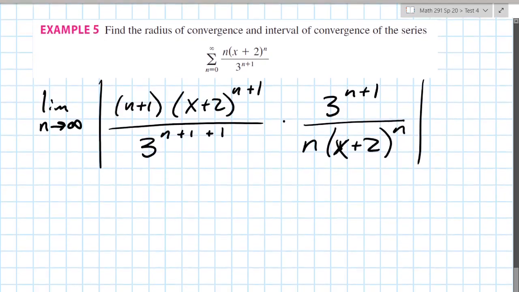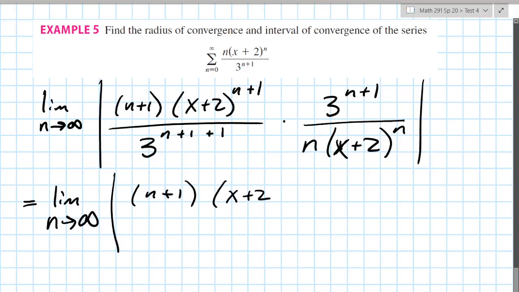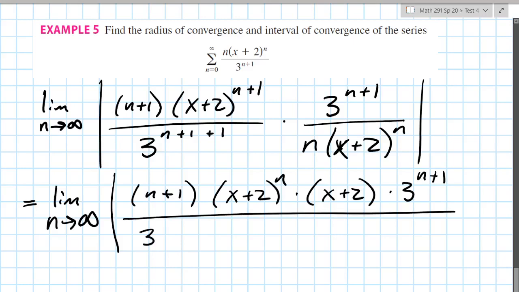So here's our ratio test, and I will do some algebra. We've got n plus 1, x plus 2 to the n times x plus 2 times 3 to the n plus 1 over 3 to the n plus 1 times 3 to the first times n times x plus 2 to the n.